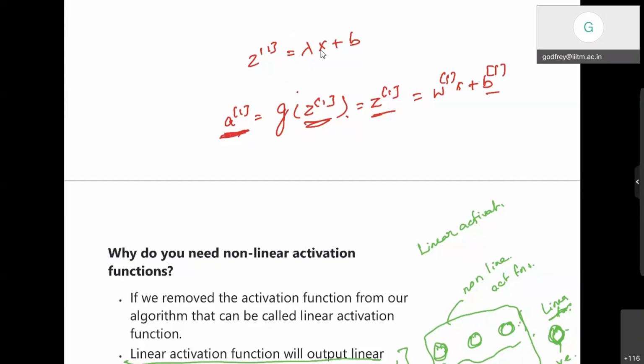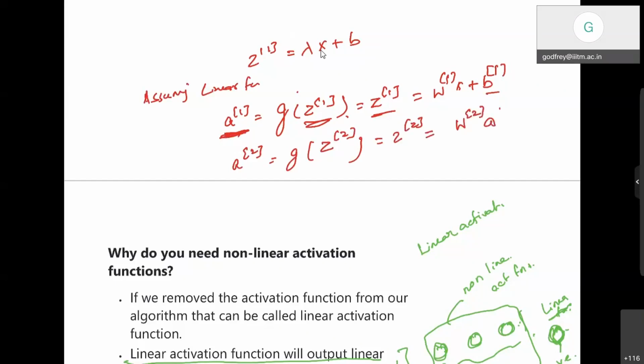Now this is going to be the input to the next layer, right? So A2 is going to be equal to, once more, assuming a linear function, Z2. Z2 is going to be W2 A1 plus b2.